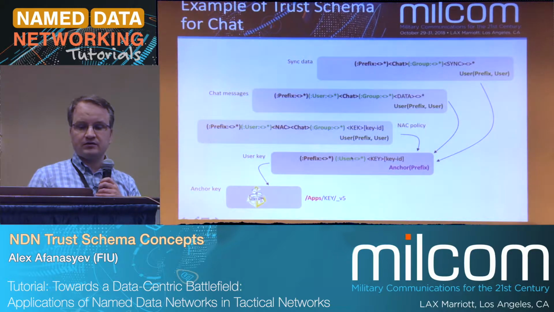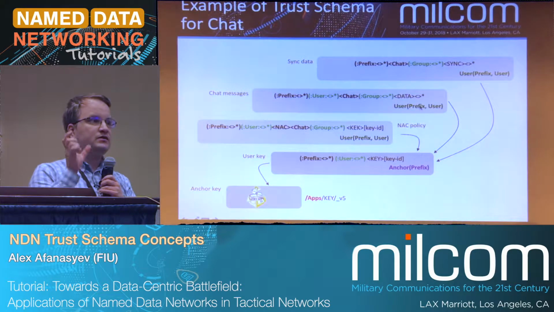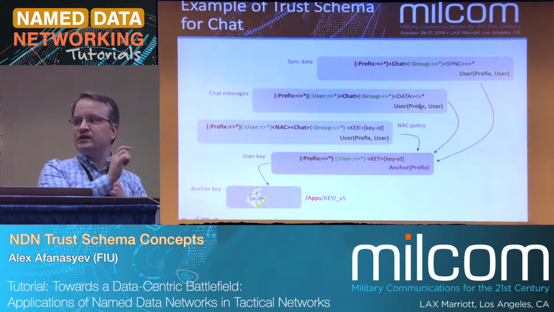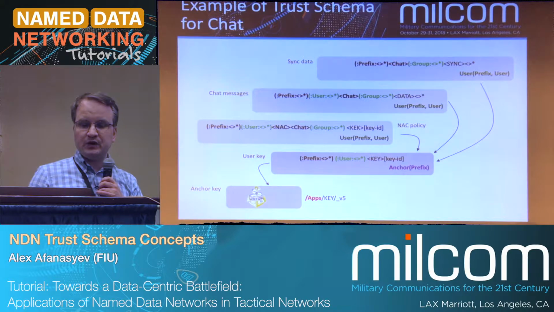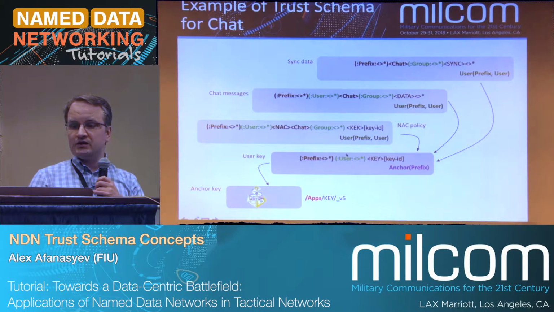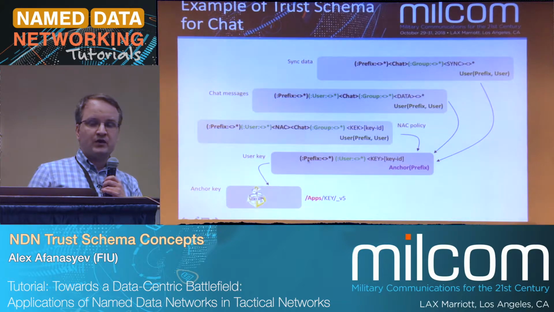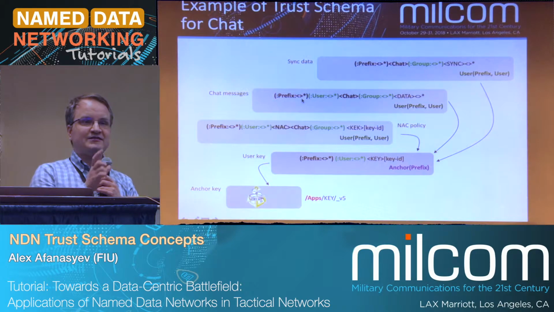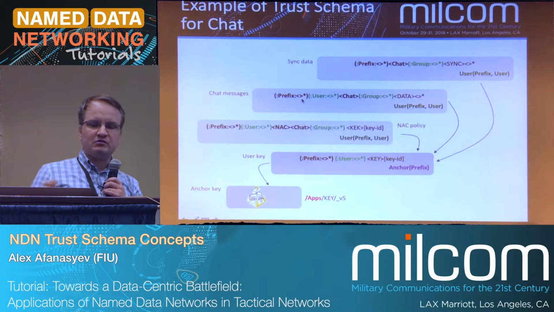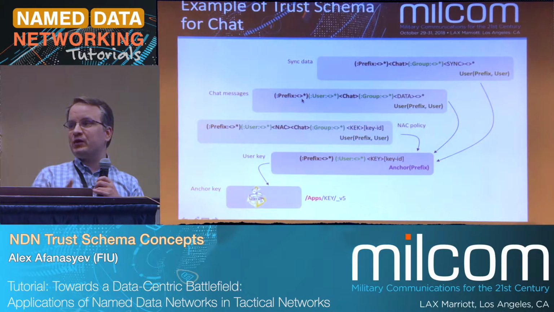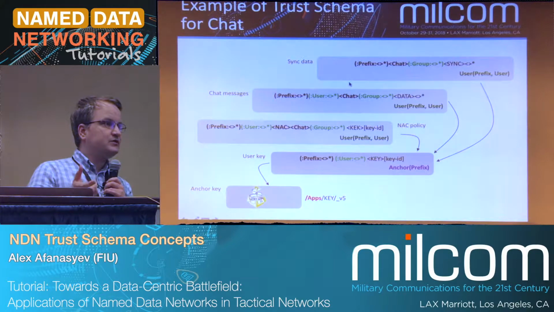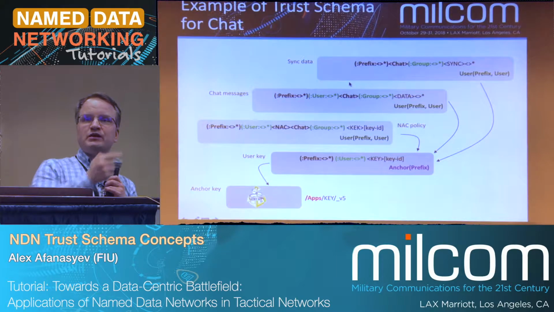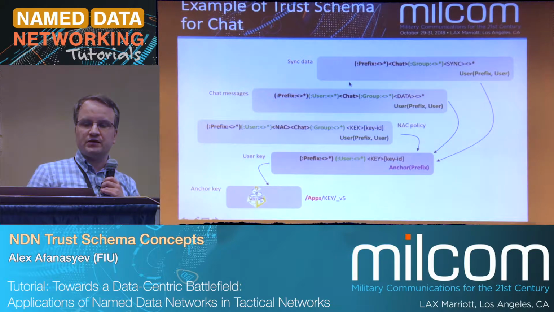And as you can point out here, two things from that data name have to be present in the user's key. So for example, the user has to be there and the prefix has to be there. Again, group is not part of this picture, but it also can be part of this trust schema if it's designed in a bit more complex way. But as you can see, only this specific user will be able to sign those specific pieces of data.